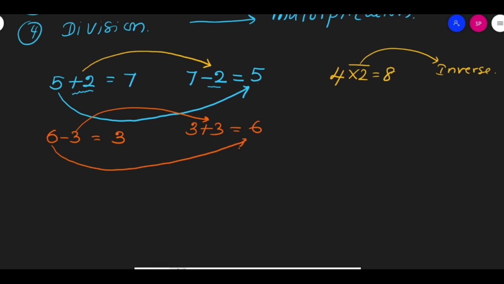So you take this answer 8, then divide by 2. What's the answer? Again it comes 4. By using inverse, you can see here. So if you know the value, if you do the inverse operation, you can get the original value. Same as division.